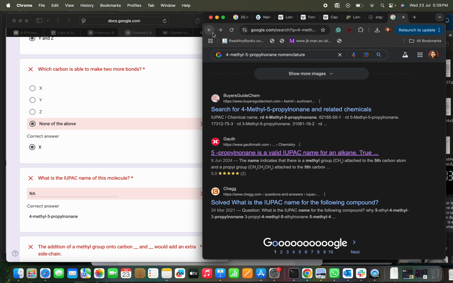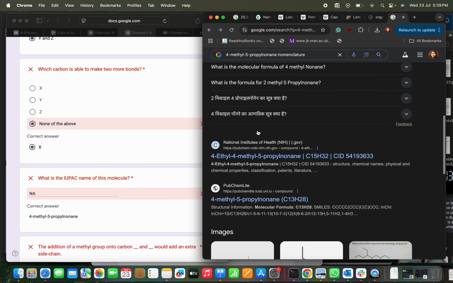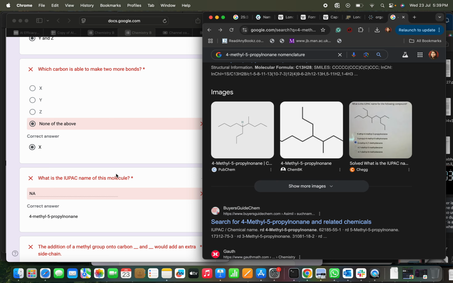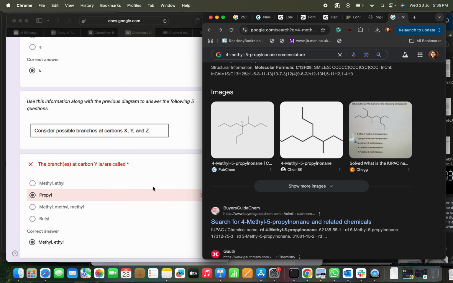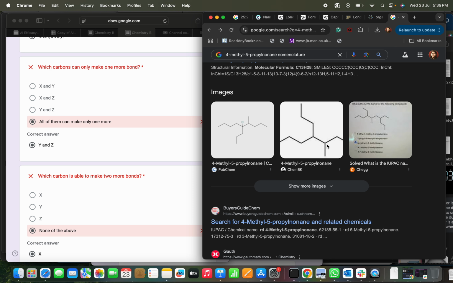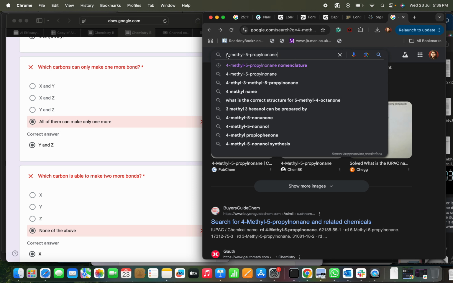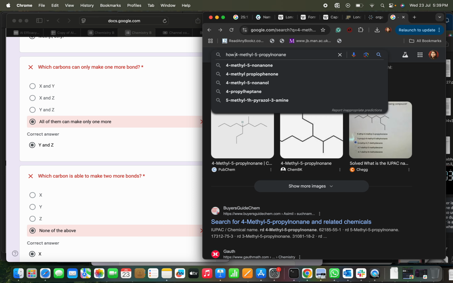I'll go back. For methyl, what would be the main chain? How is the nomenclature?